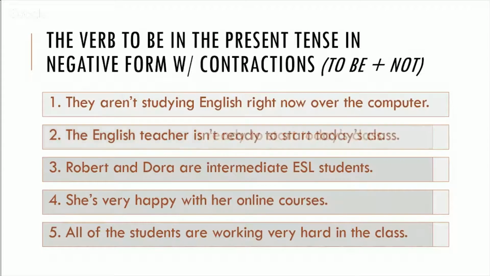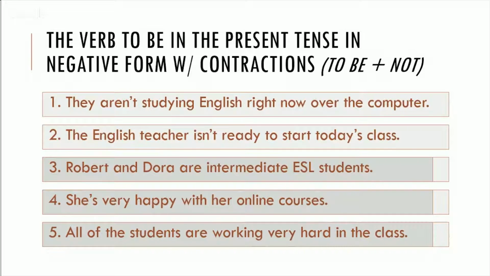I have the English teacher isn't ready to start. Don't forget the T. Star is estrella. Start is empezar. Start today's class. Rafael says the English teacher isn't ready to start today's class. Mariana, the English teacher isn't ready to start today's class. Wonderful answers. All three answers are correct. Very good. Let's move on to number 3.